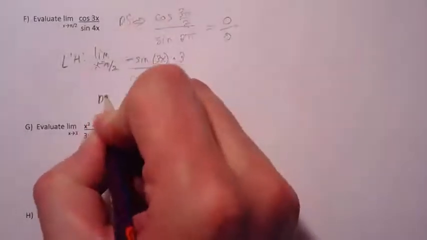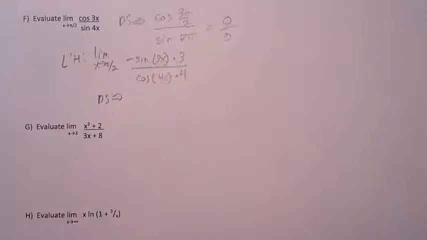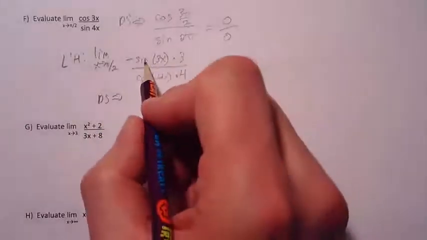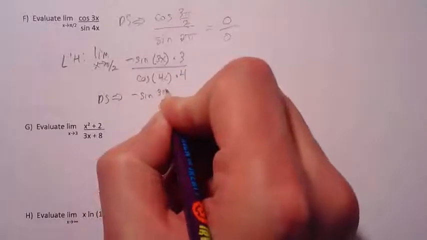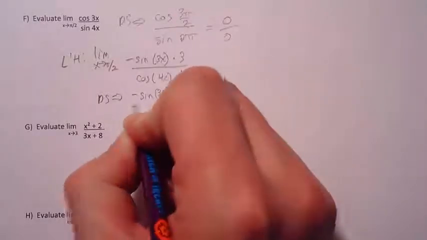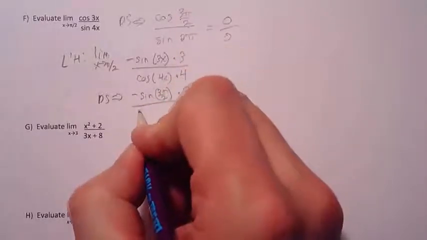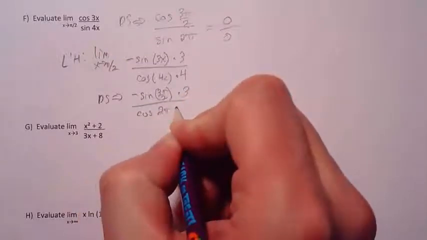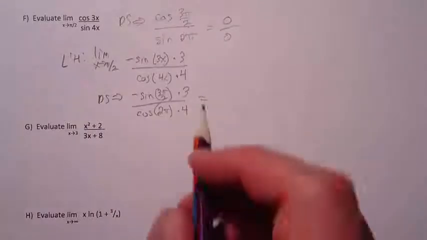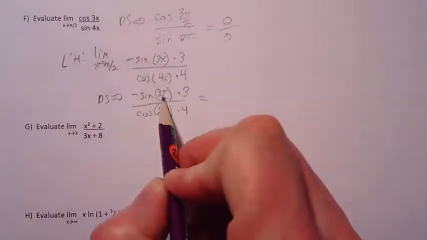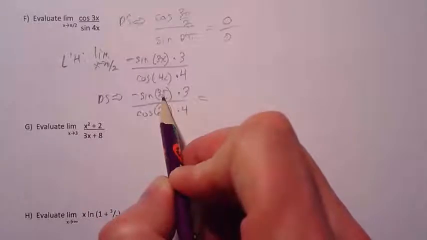And if we use direct sub on this new function, negative sine of 3 pi over 2, and on bottom we have cosine of 2 pi. So at the bottom of the unit circle, your sine value is negative 1.